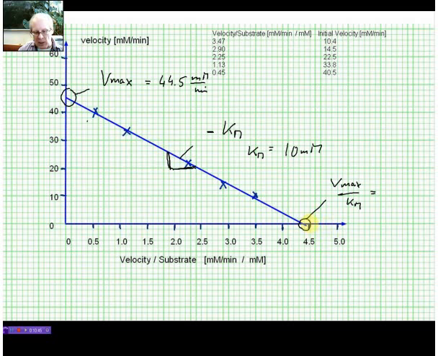It's not exactly 4.5, so 4.45. And the units for that would be millimolar per minute and millimolar. And I'm running out of space here again. So you see, we could very easily determine Vmax, this point here, Vmax over Km, this point here, and our gradient of Km.